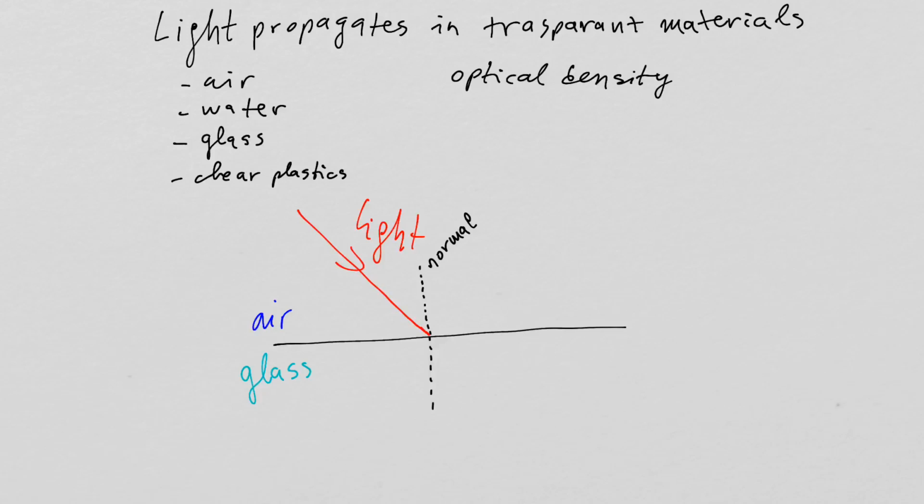Then the light ray, after entering the glass, will bend towards the normal. So the direction of travel changes. And this is due, again, to the fact that air and glass have different optic properties. Glass is optically more dense than air.